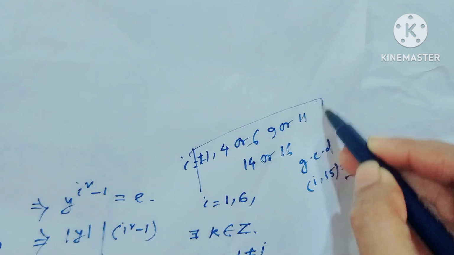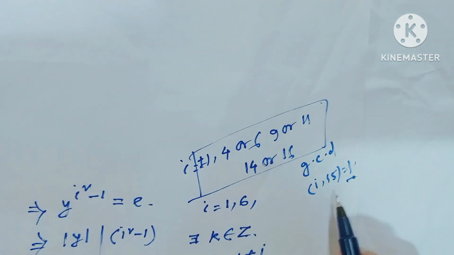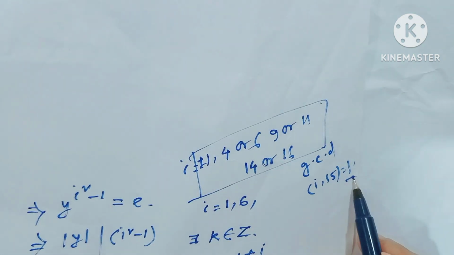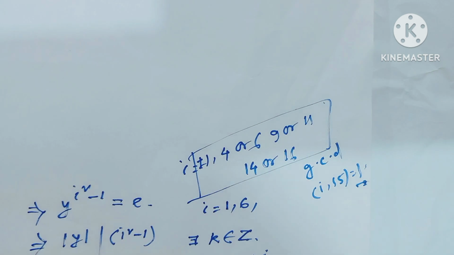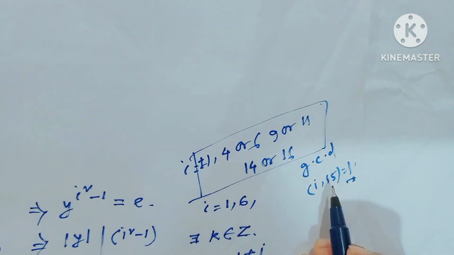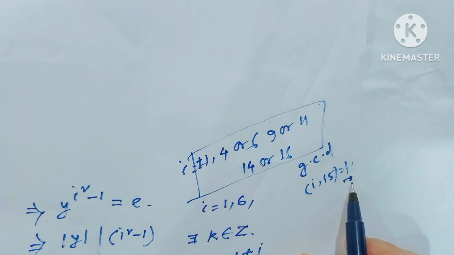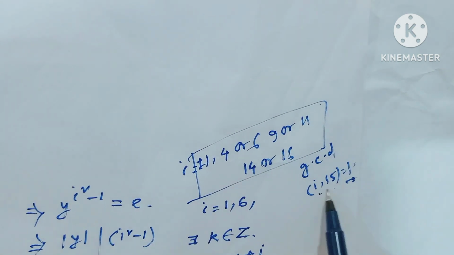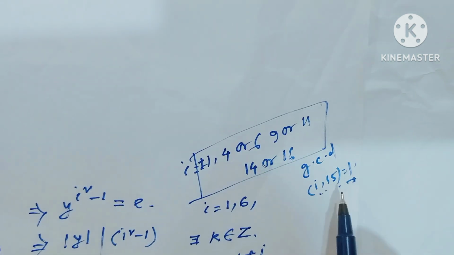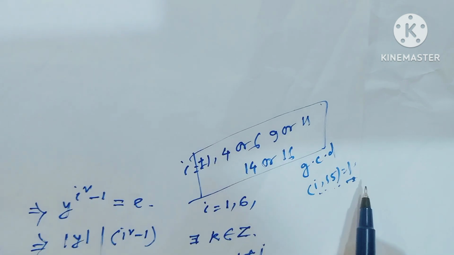These are the possible values of i, and GCD of i comma 15 equals 1. So if we put 4, GCD of 4 comma 15 is 1. But if we put 6, GCD of 6 comma 15 is not equal to 1.